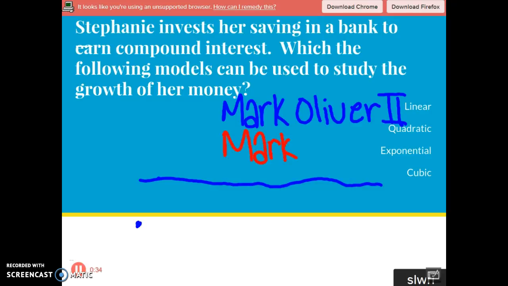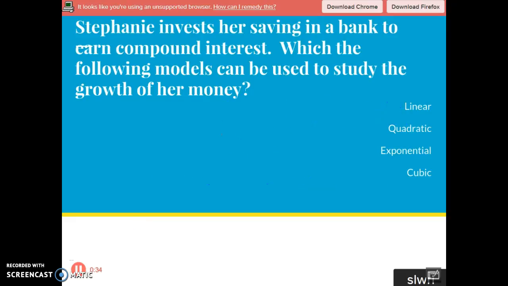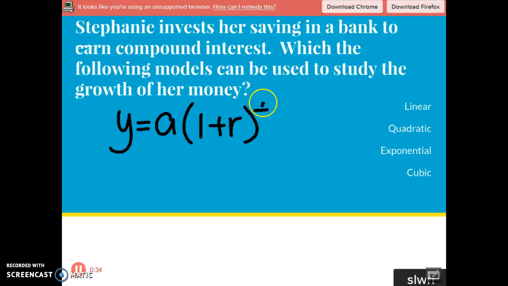Well, first of all, for compound interest, the equation is the initial investment, which is A, in parentheses times the sum of 1 and the rate or ratio to the t power, which is time.